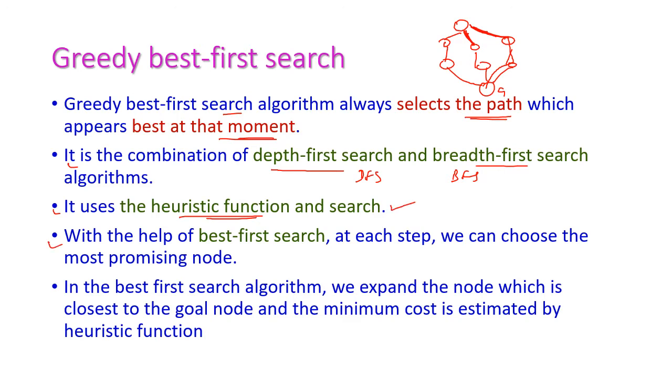With the help of best first search, at each step we can choose the most promising node, the promising node that leads towards the goal. We expand the node which is closest to the goal, and the minimum cost is estimated by the heuristic function. So this is the greedy best first searching algorithm.